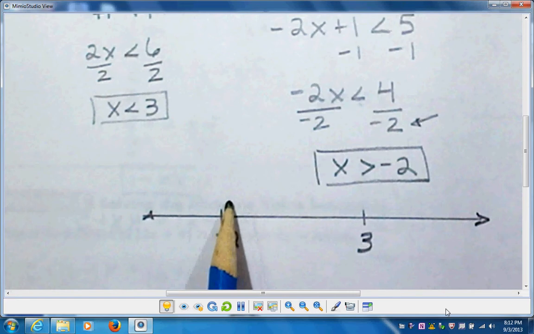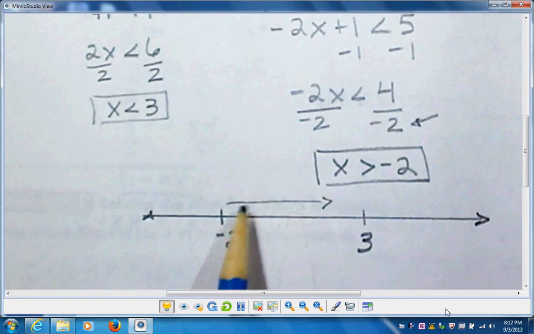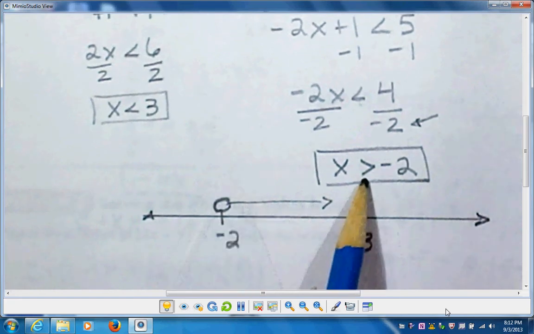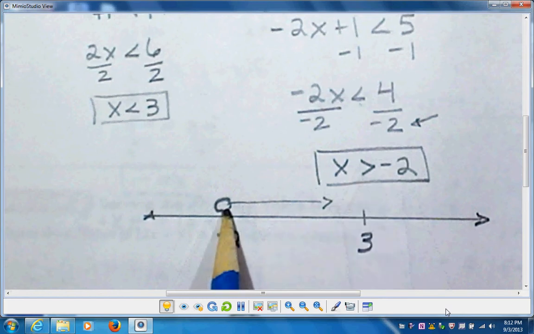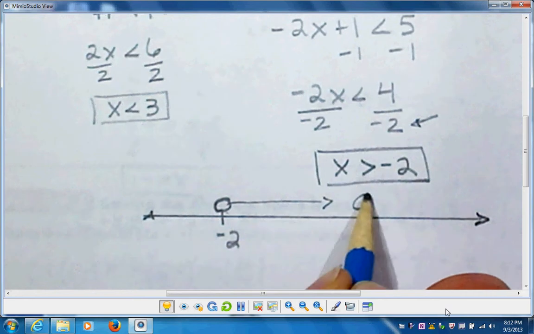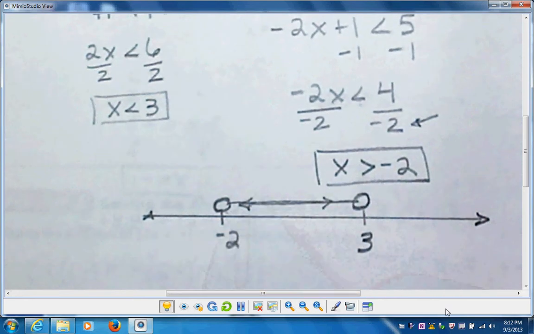Where's that? That's this way. Every value here is larger than negative 2, but it doesn't include negative 2, because I don't have an equal sign there. If it had that little equal bar underneath, I would color that in. Here, x is less than 3, so that goes that way.